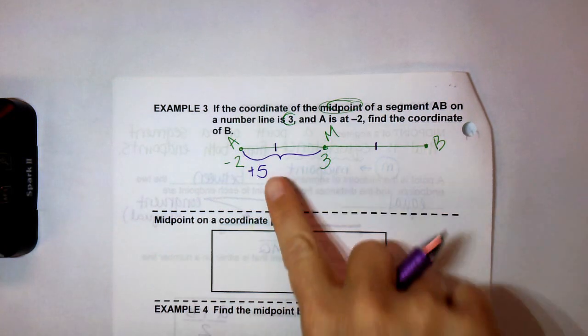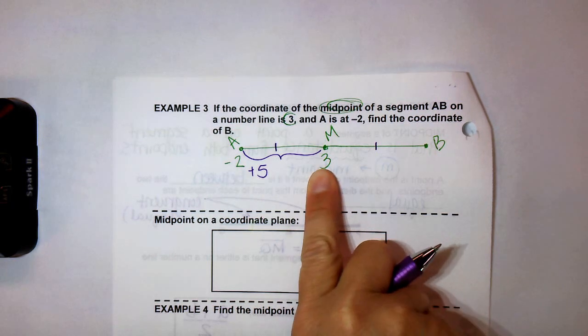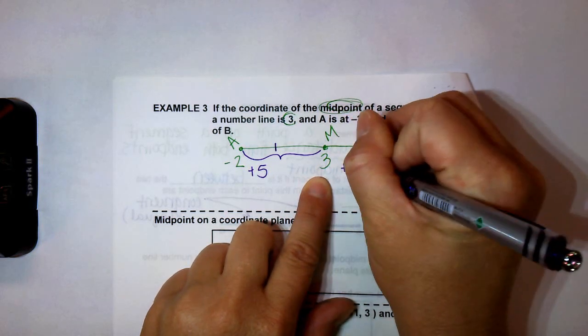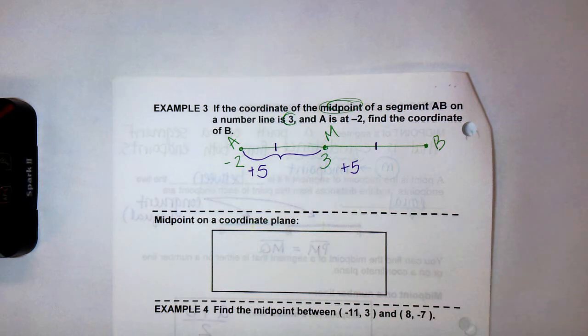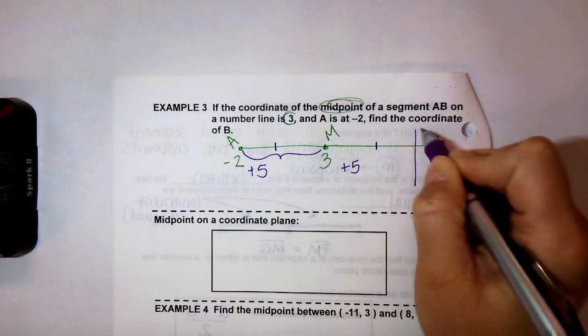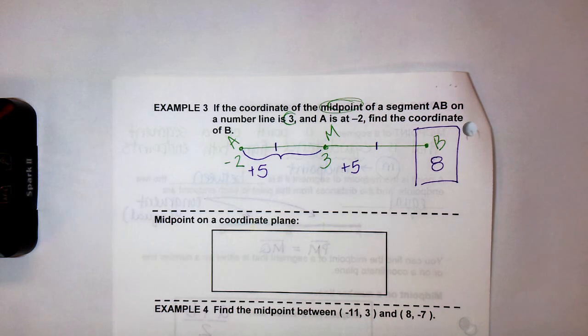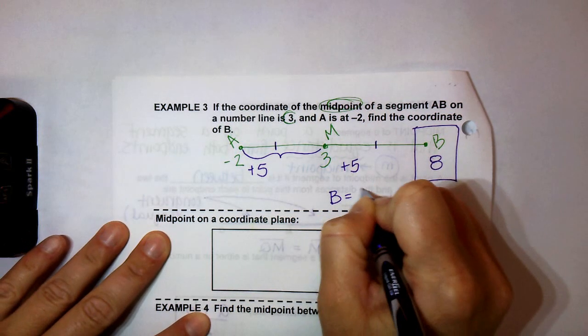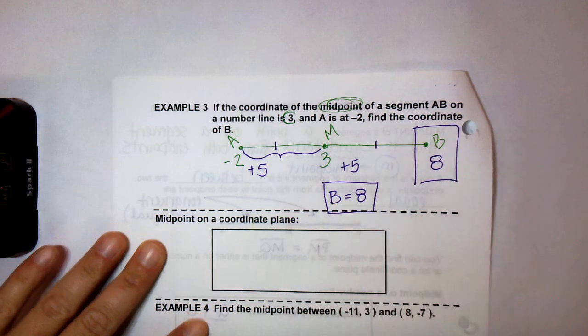So if I jumped 5, then from 3 to get to B, I have to add 5 again. What is 3 plus 5? So my other endpoint is 8. So B equals 8, if you want to write it properly as an equation. Does that make sense?